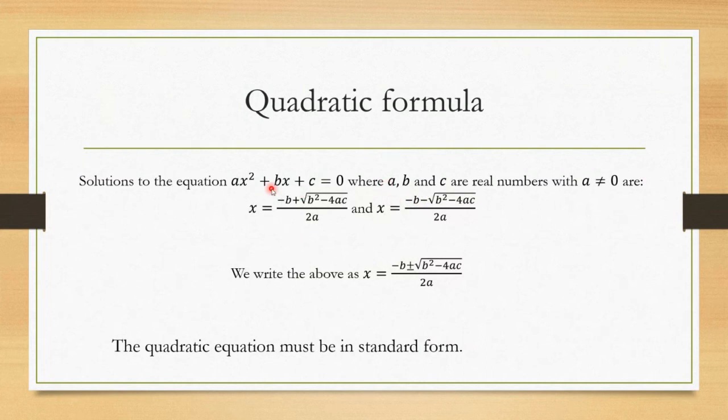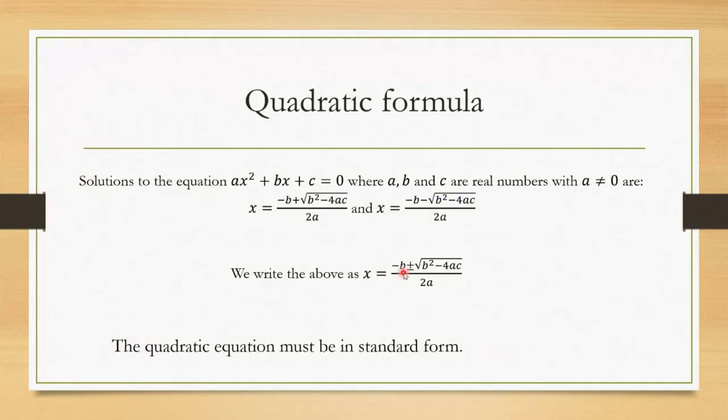Basically, this formula gives you the two solutions to that quadratic equation. You have all this. As you can see, there's a square root in here, so you have negative b plus the square root of b squared minus 4ac, over 2 times a, and negative b minus the square root of b squared minus 4ac over 2a.